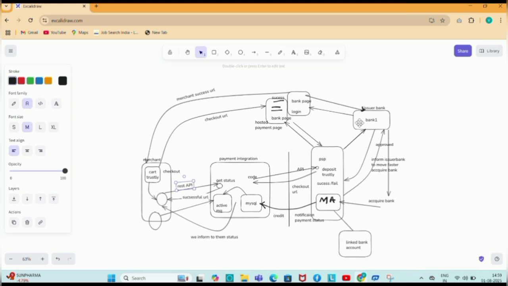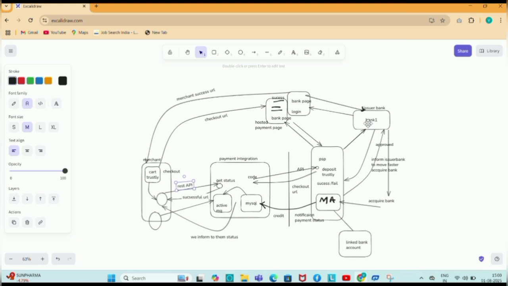Here the browser is redirected to the merchant. It sends a successful URL. So here the merchant system gives the successful URL. Trustly here is not receiving any money.